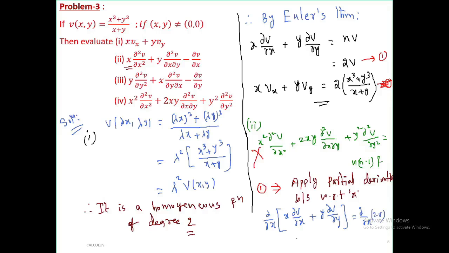Now let me write again: ∂/∂x of x ∂v/∂x. Let us proceed with the partial derivative with respect to x. Apply to this term first: ∂/∂x of x ∂v/∂x.